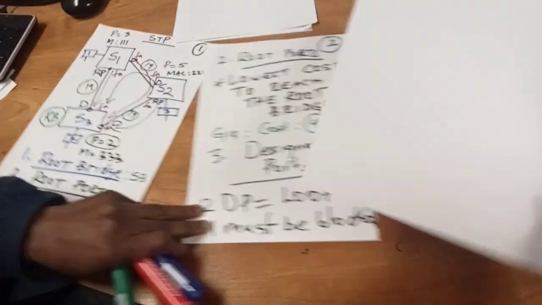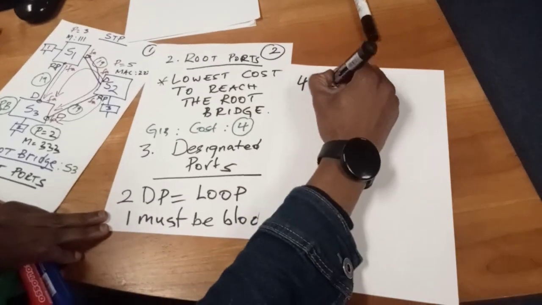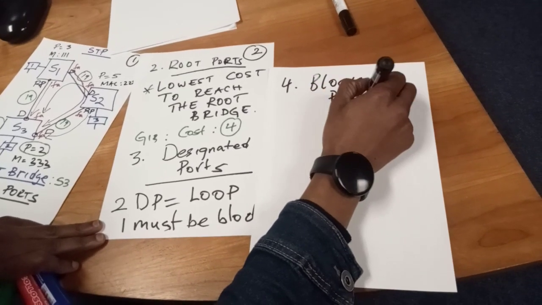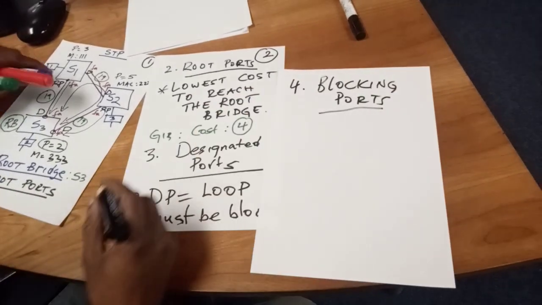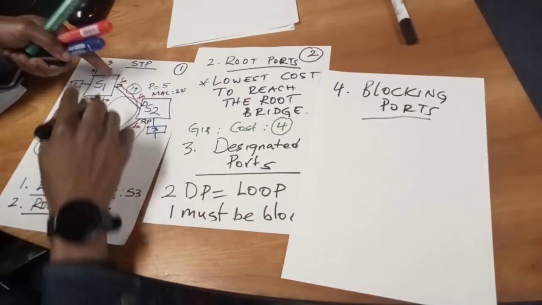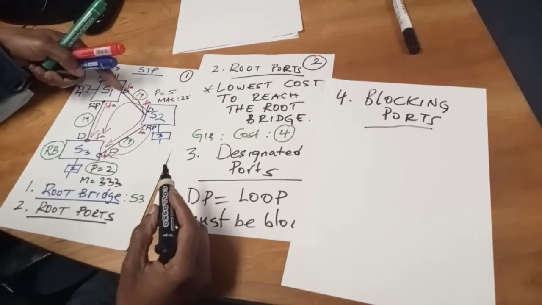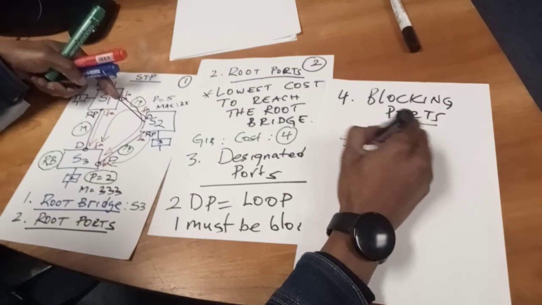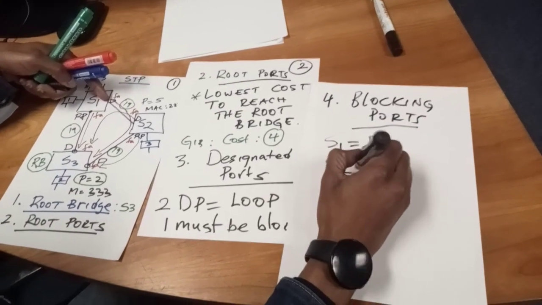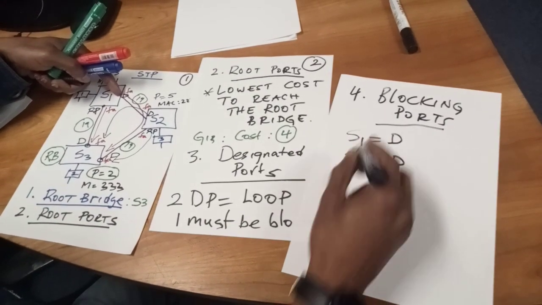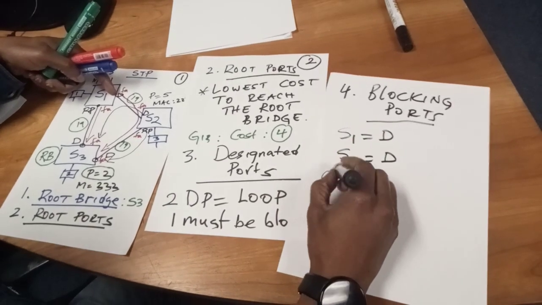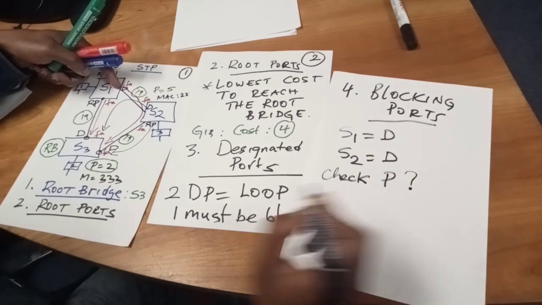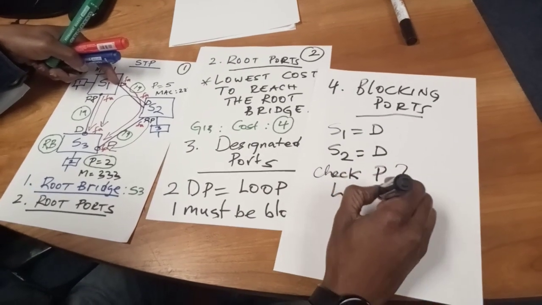Step number 4: what's going to be the blocking port? From switch number 1 you have a designated port, and switch number 2 also has a designated port. Which one are we going to block? We have to check the priority, the lowest priority.